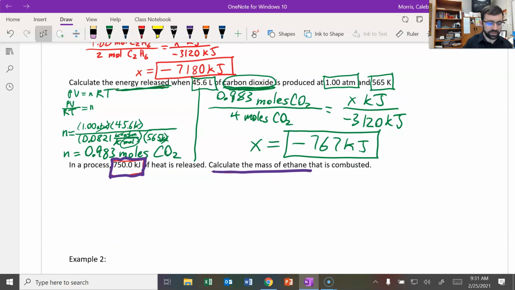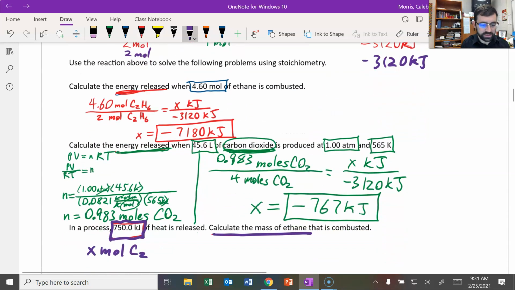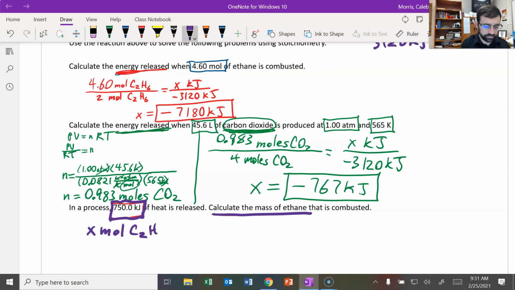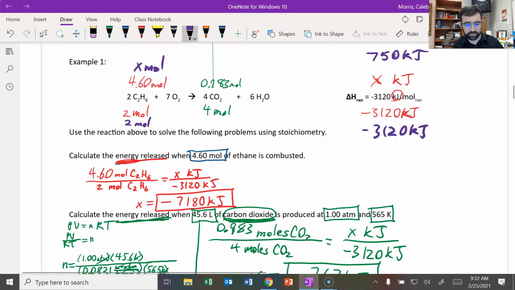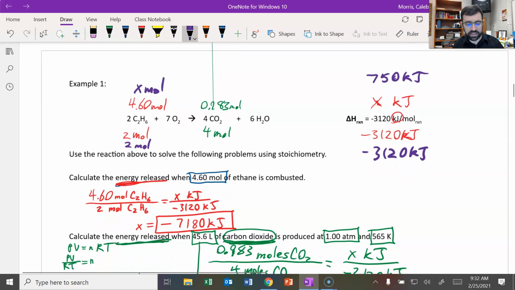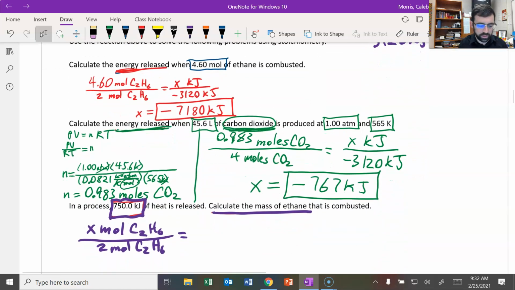So we just solve it the same way we normally would. We have X moles of C2H6 over 2 moles C2H6 equals 750 over 3,120.